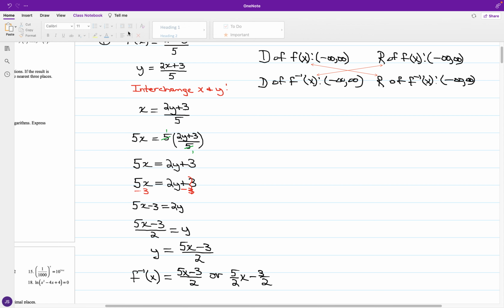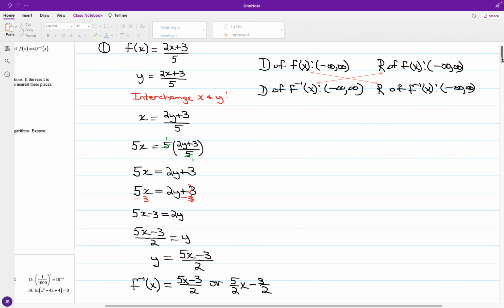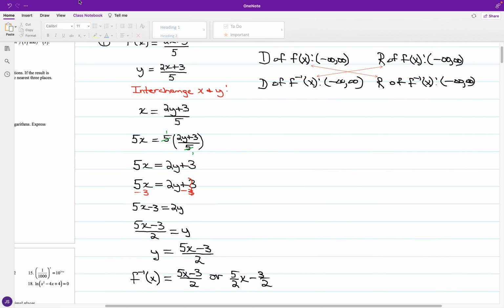In terms of what we have between the one-to-one function and its inverse, in terms of graphing, we're going to have symmetry with respect to the line y is equal to x.